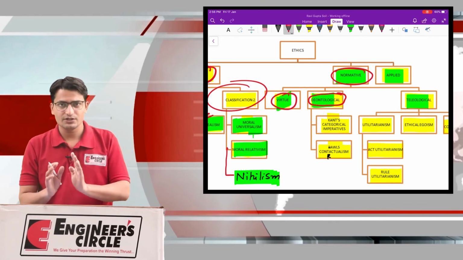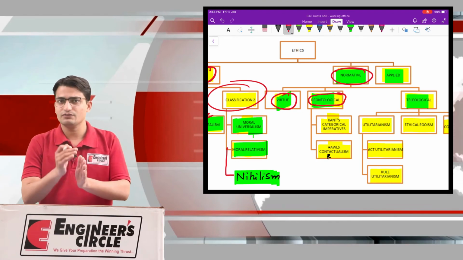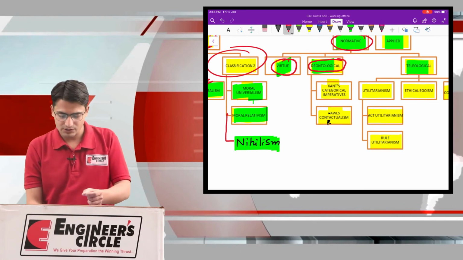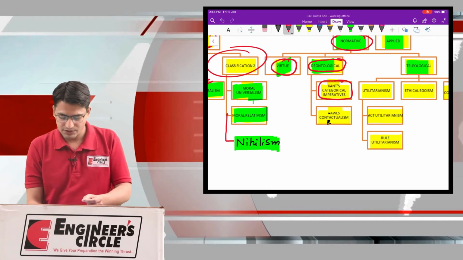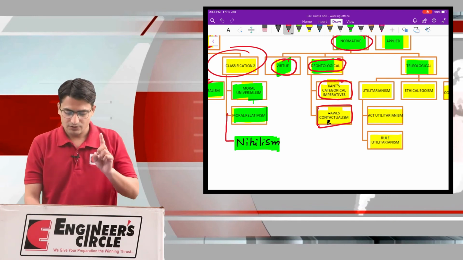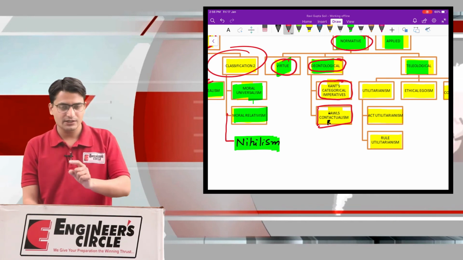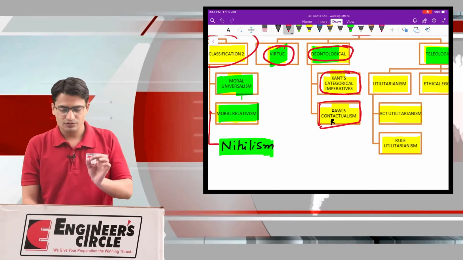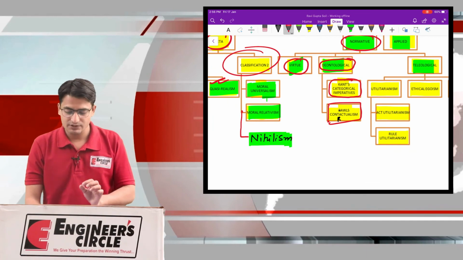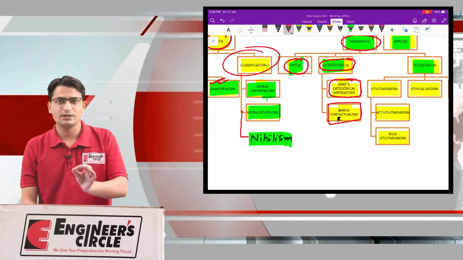We have studied what is meant by deontology and what the two main dimensions are. Now we are delving further into the two main sub-branches of deontological ethics. The first one is Kant's categorical imperative, and the second one is John Rawls' contractualism. Okay, so now I will deal with Kant's categorical imperative.